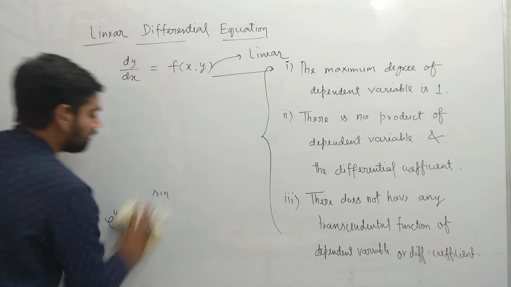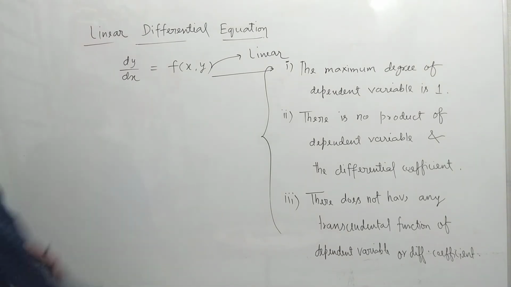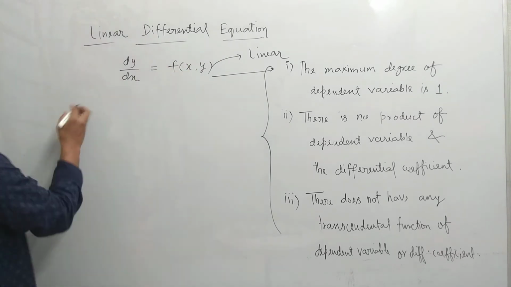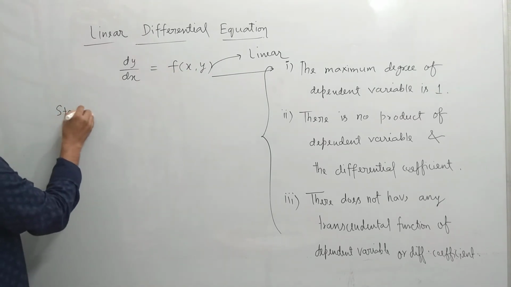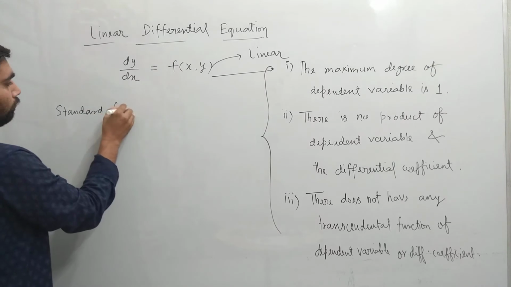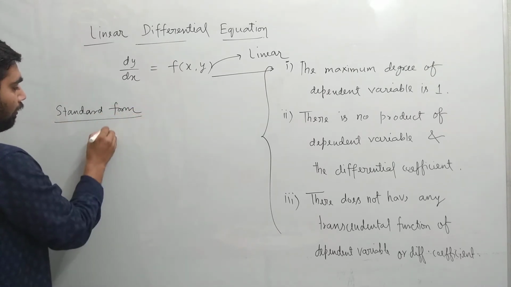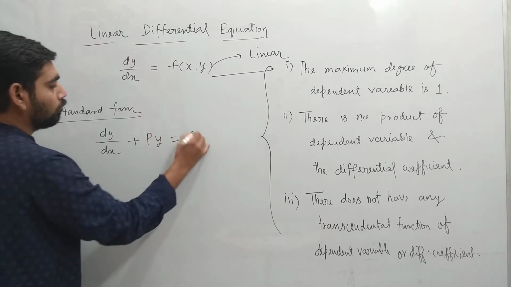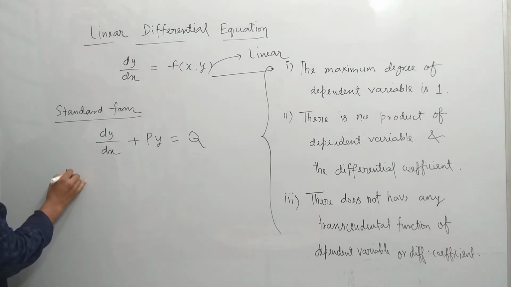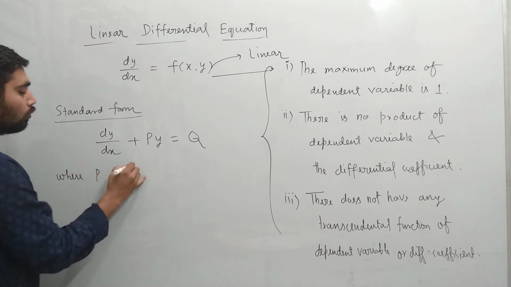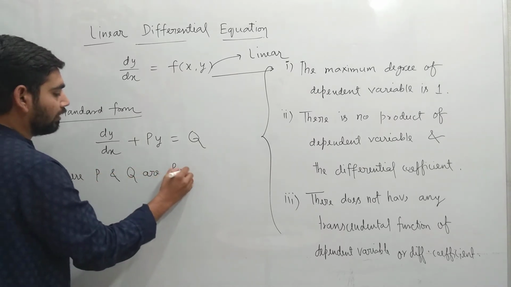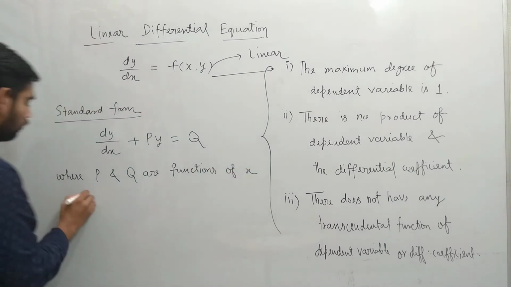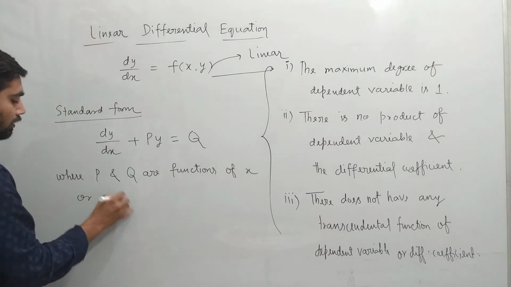If these conditions are satisfied, then this general form of first order and first degree differential equation is known as linear differential equation, and its standard form is dy by dx plus py equals q, where p and q are functions of x or constants.